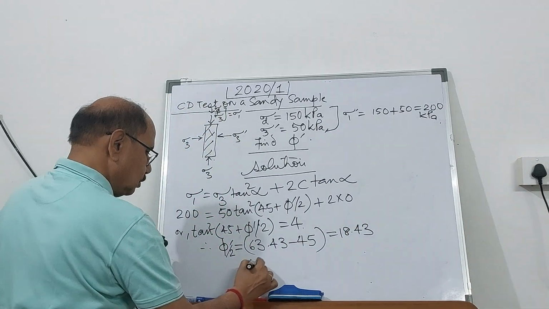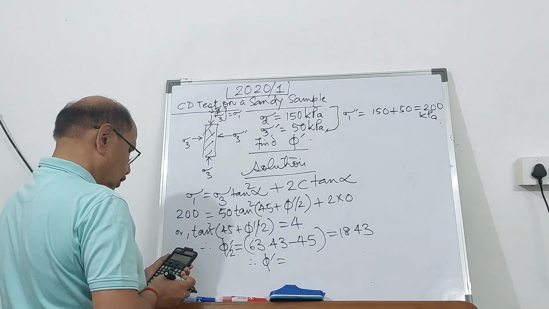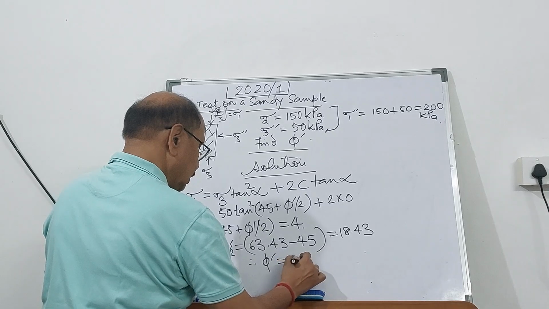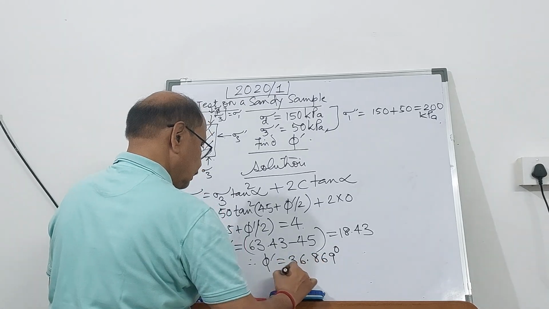Therefore, phi prime equals 36.869 degrees.